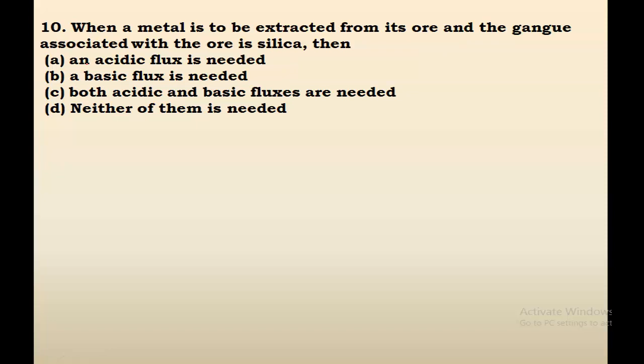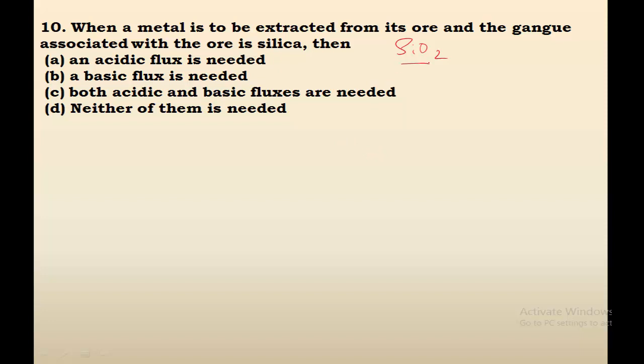Then the 10th one: when a metal is to be extracted from its ore and the gangue associated with the ore is silica, what is the formula of silica? SiO2, silicon dioxide. Now which flux should be added to remove the gangue associated with the ore?